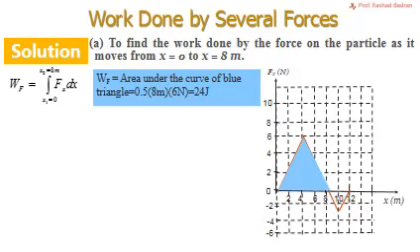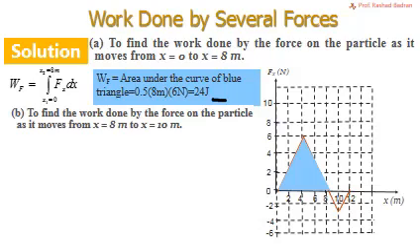The base is 8 and the height is 6 newtons. So 8 meters times 6 newtons, divided by 2, gives 24 joules of work done in this displacement.